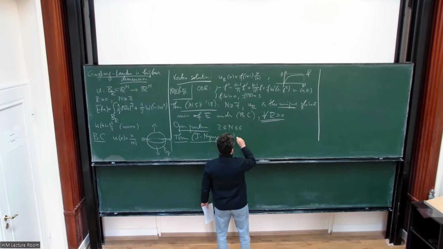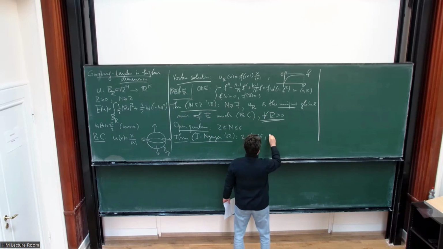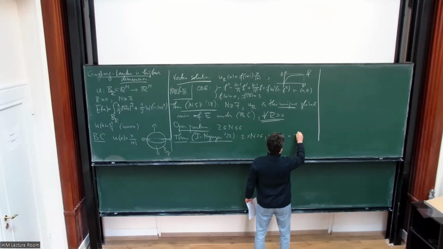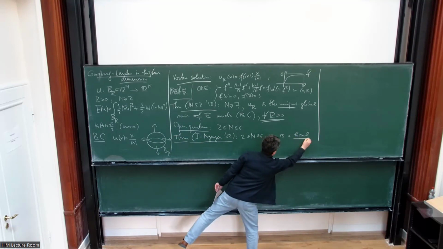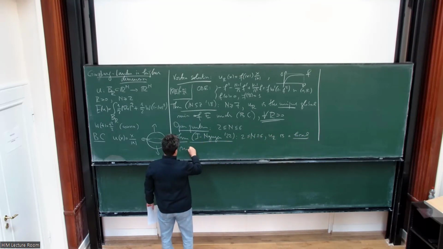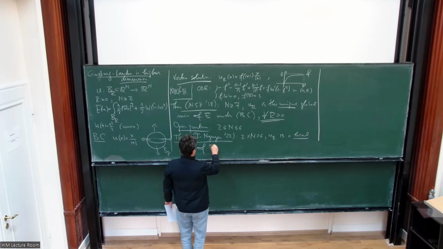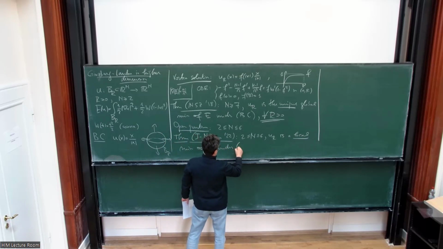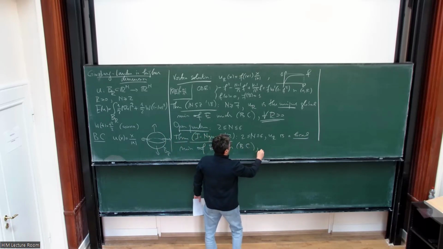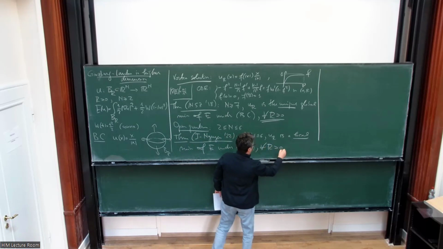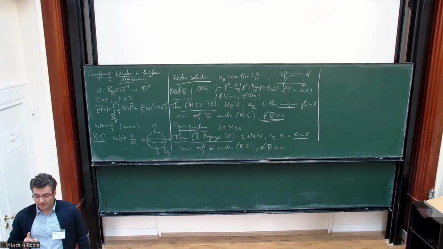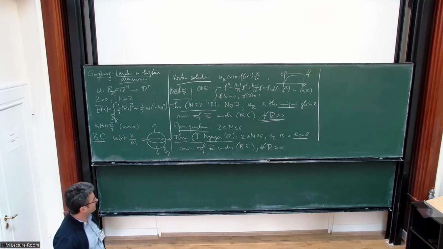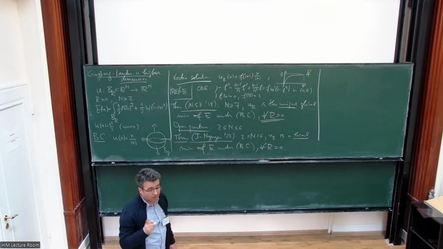So in dimension 2 to 6, U_R is a local minimizer for every R, right? So we still don't know, for example, if in the full range, U_R is a global minimizer.